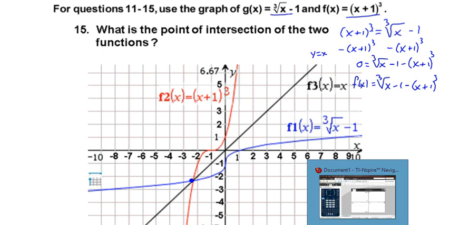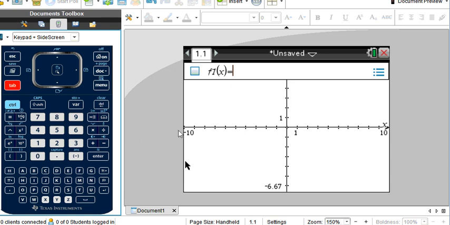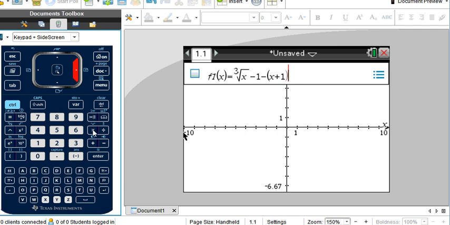And I have availed myself of a TI Nspire CX calculator, and I'm going to put that function in place. So I press tab, and I'm going to put in the cube root of x, come out here and subtract 1, and then we're going to subtract in parentheses quantity x plus 1, and come outside the parentheses and go to the power of 3.